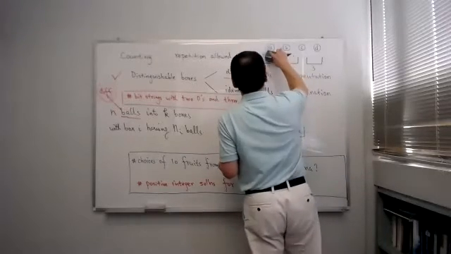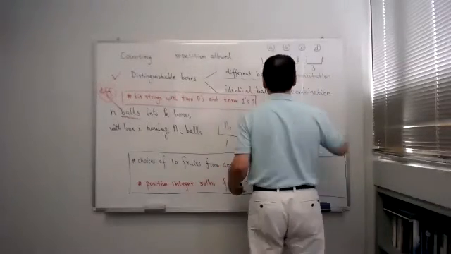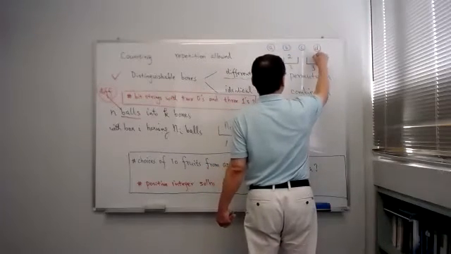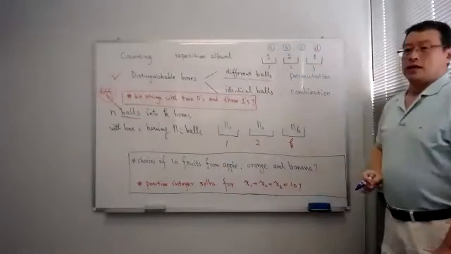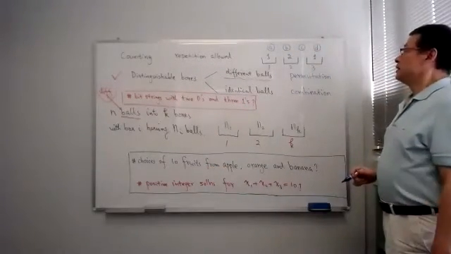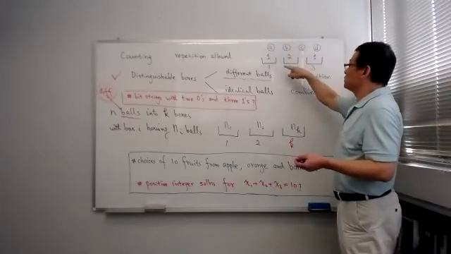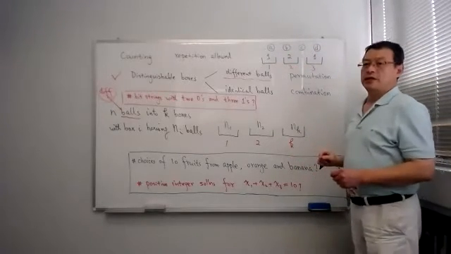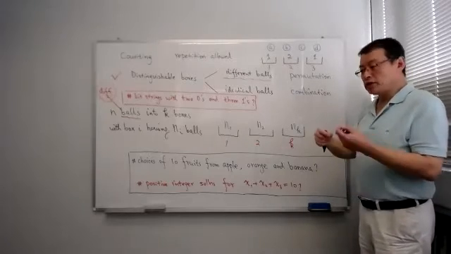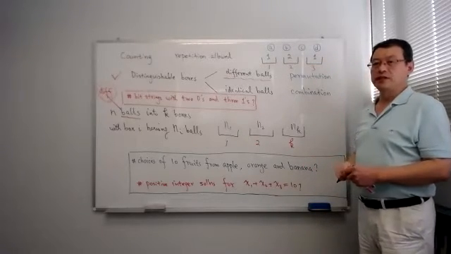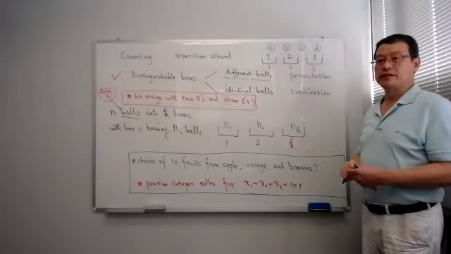Let's use these real numbers. So this one has one ball, this one two balls, this one one. All right. So how can we put these? We want to put these 4 balls into these 3 boxes, and I want to know the total number of different ways for putting these 4 balls into these 3 boxes. How do we do it?